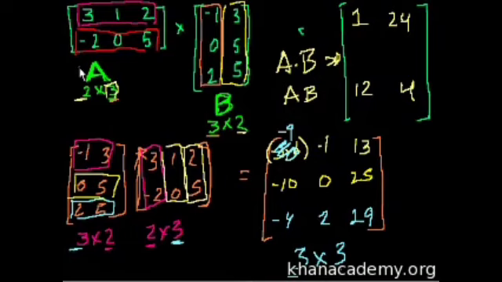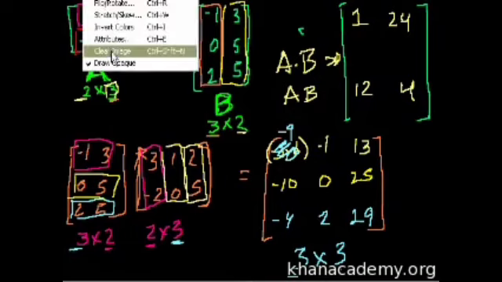Now, let me actually show you an example that you cannot multiply. So what if I wanted to multiply, let me do a very simple example, the matrix 2, 1, and really all this is a row vector.